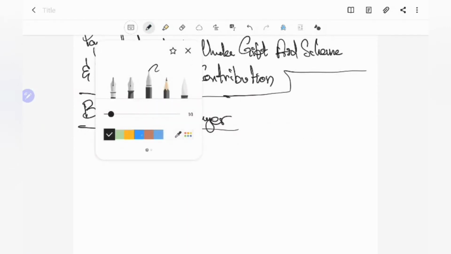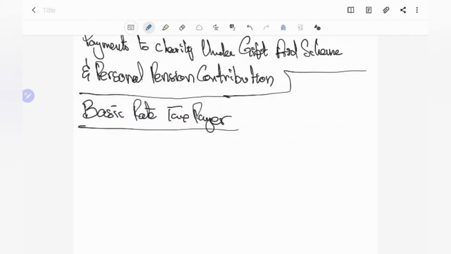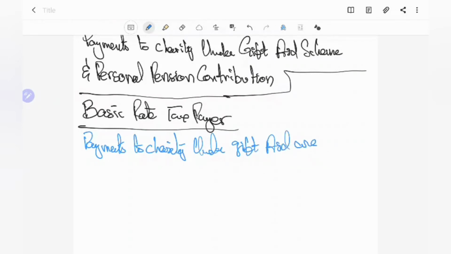Right. Just a second. Yeah, so payments to charity under gift aid are treated as being net of basic rate of tax.